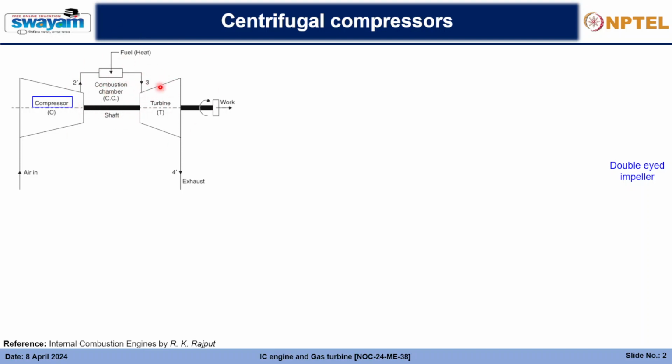Obviously in the turbine the gas needs to expand, so it cannot expand at the initial pressure stage; it will have to be at a higher pressure. That pressure of the air is achieved by a compressor, wherein some amount of work supplied to the compressor goes into elevating that pressure.